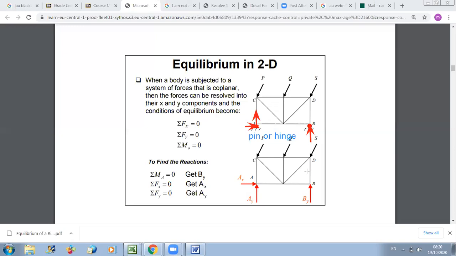So you need 3 equations. As we mentioned previously, you can use sum of x equals 0, sum of y equals 0, and you can choose sum of moment about any point in your figure, A, B, C, or D. It will give you the third equation.